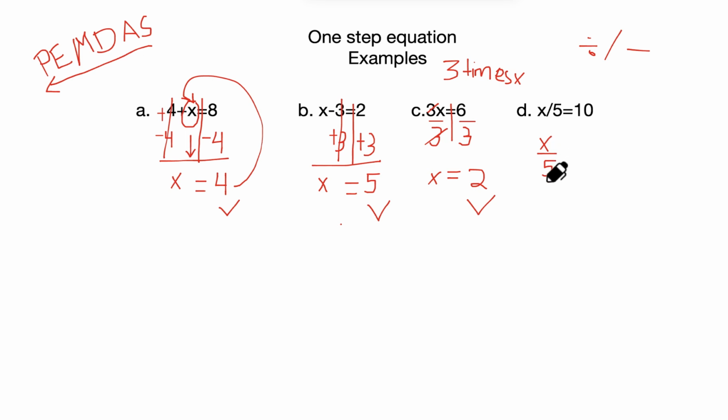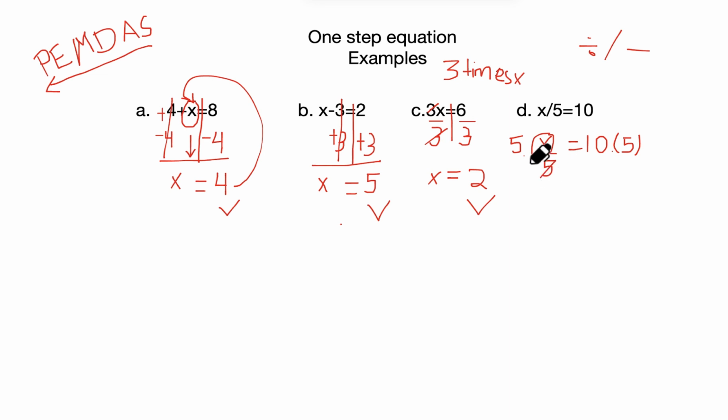So we have x over 5 equals 10, and the opposite of division is multiplication. Again, we are looking to isolate the x by itself. So I need to find the opposite of division, which is multiplication. So I'm going to multiply both sides by 5. 5 to the left and 5 to the right. You can put a dot or you can put a parenthesis if you like.